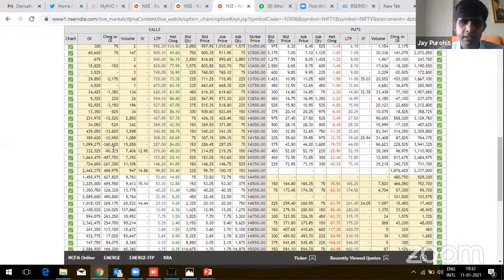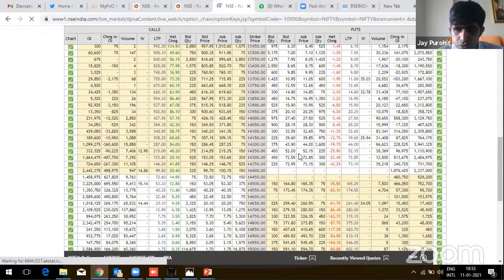It means the call writers are exiting their positions. And if we look at the major OI buildup, it is on the 14,000 strike. The open interest increased by around 18,76.